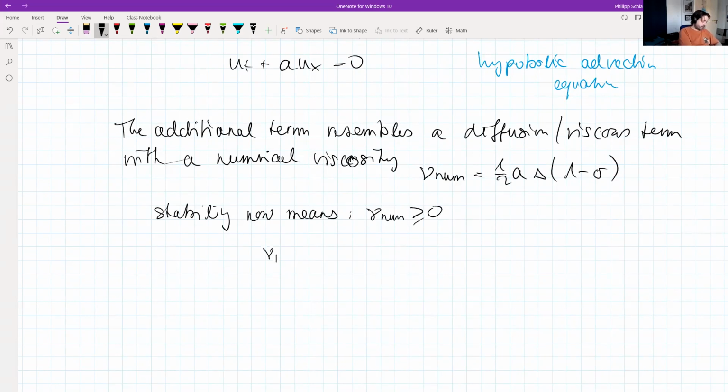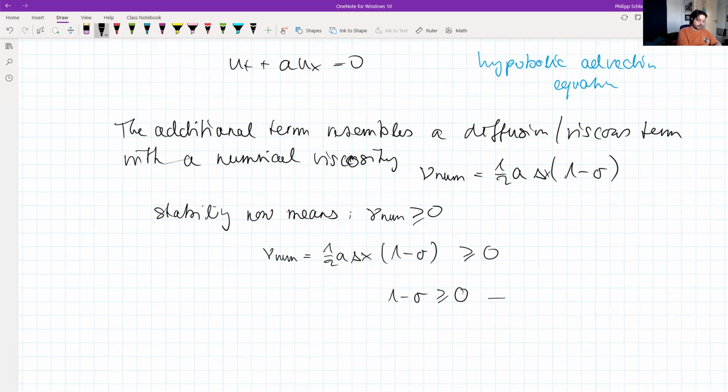So, if I just write that down once more, we have the numerical viscosity 1/2 A delta x times 1 minus sigma, and that should be larger or equal than 0. Of course, I can now simplify. A is positive, delta x is positive, so I get 1 minus sigma should be larger than 0.